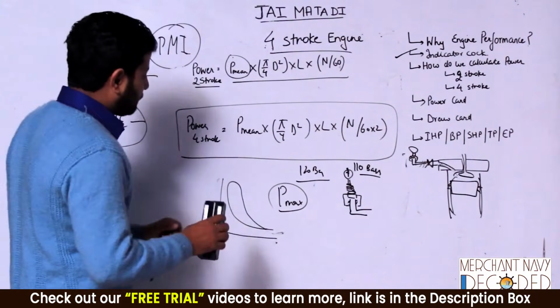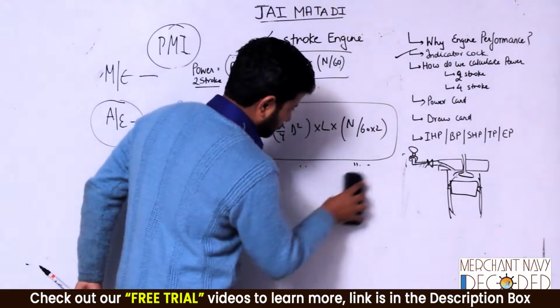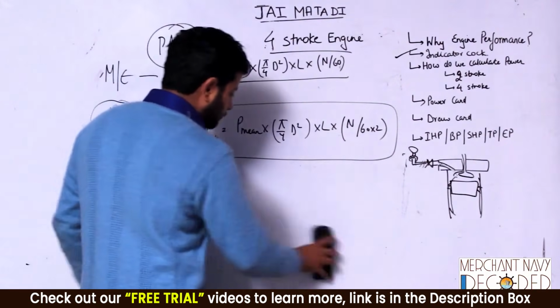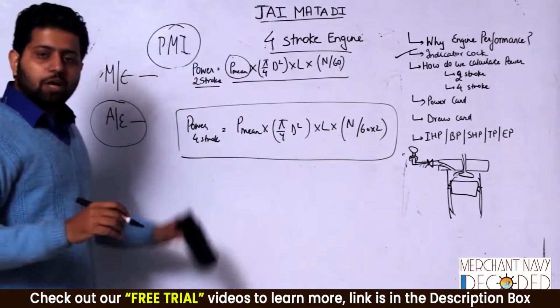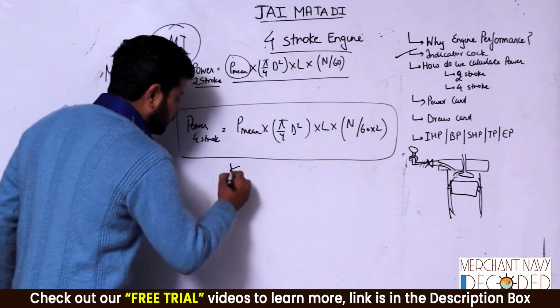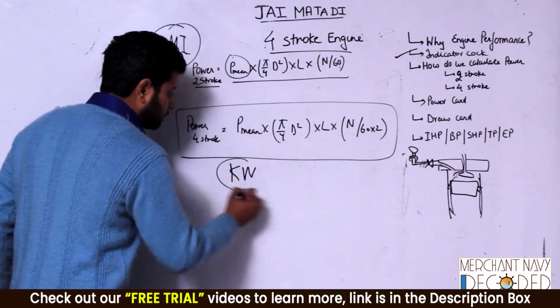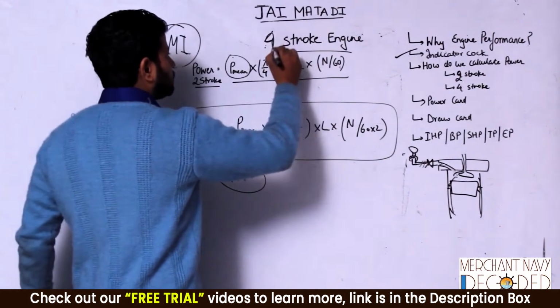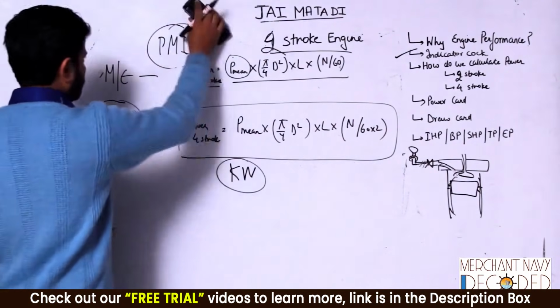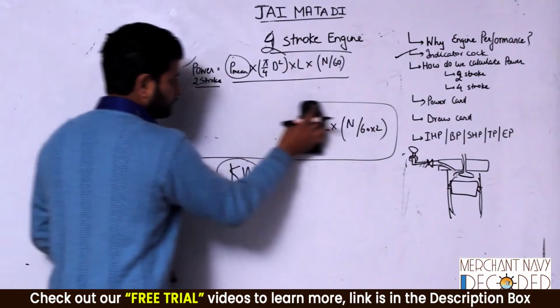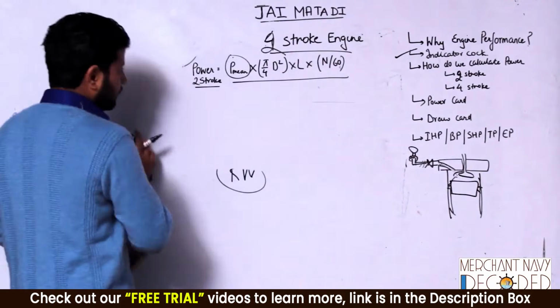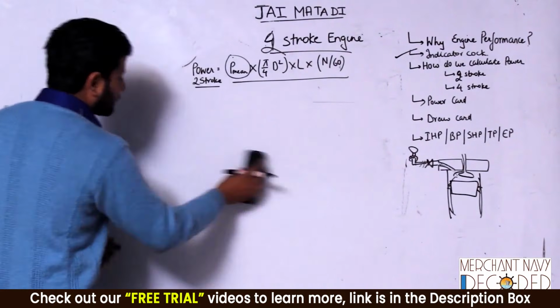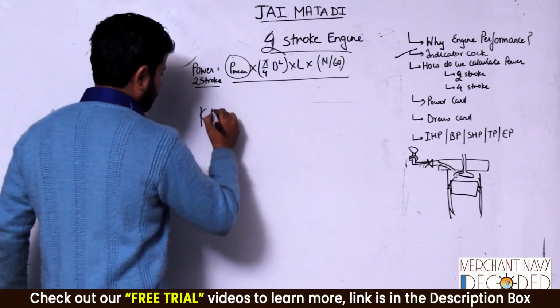when we calculate power, once we have got power, the power we get in kilowatt, right? Now let's come back to two-stroke engines. Okay? We have got power, we have calculated in kilowatts.